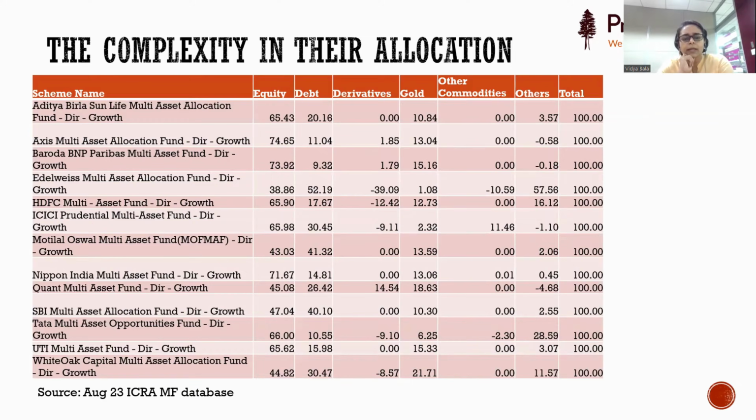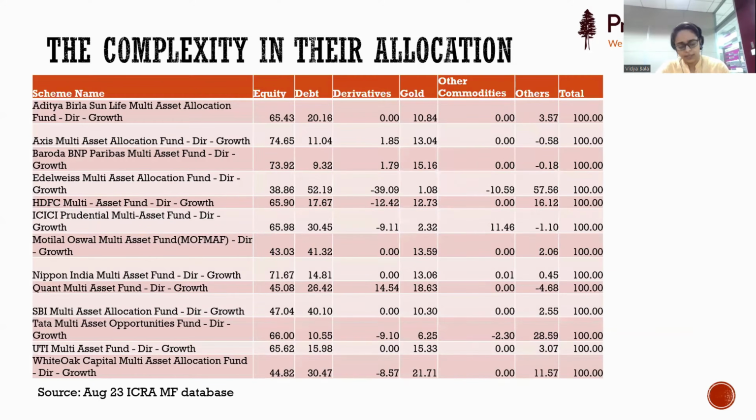And some use very high hedging. For example, see this Edelweiss multi-asset, it has hedged almost its entire equity. And there are others who don't hedge at all right now. This is data as of August. You can see that Aditya Birla, Motilal Oswal, Nippon haven't really hedged. Instead, they have a higher component in gold and, if necessary, debt.